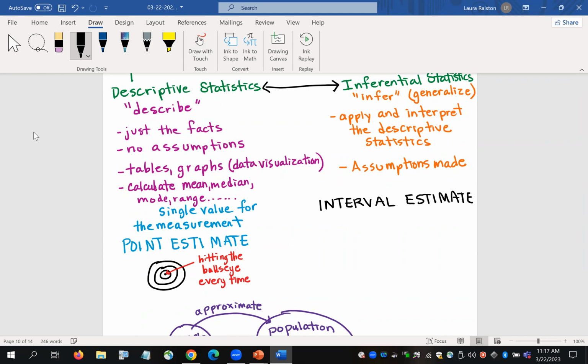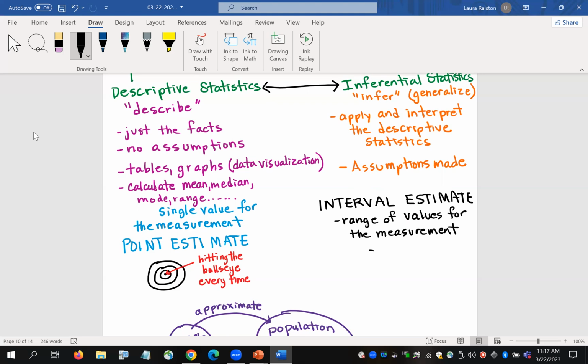An interval estimate is going to give me a range of values for the measurement, whether that measurement is the mean or the median or the standard deviation or whatever.